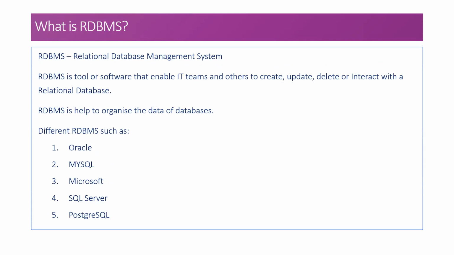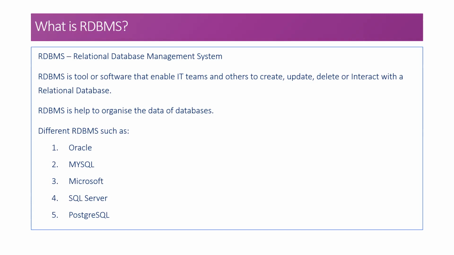So now what is an RDBMS? RDBMS is a software, okay. It stands for Relational Database Management System. It is a system to organize the data, or we can say RDBMS is a tool or software that enables IT teams and other people to create, update, delete, or interact with a relational database.